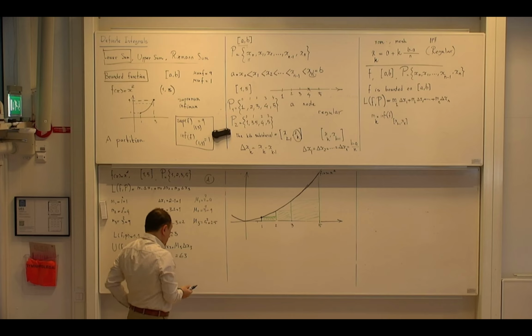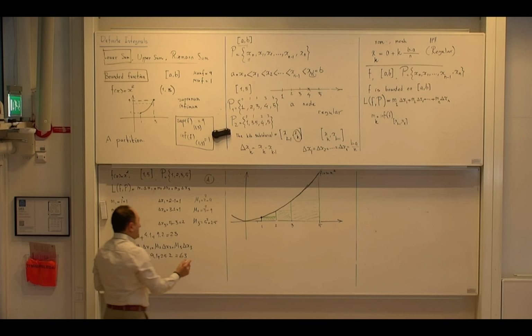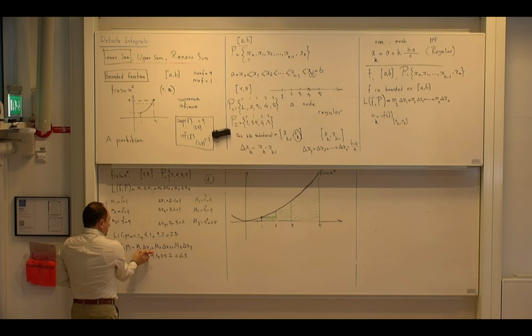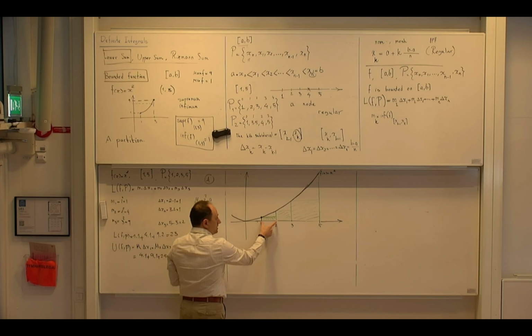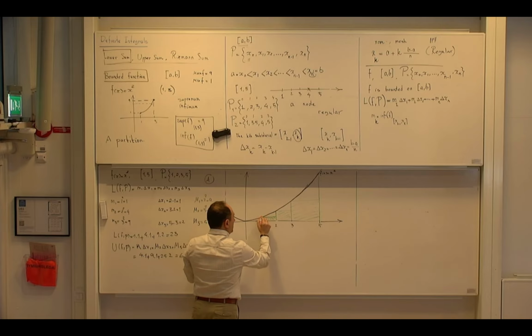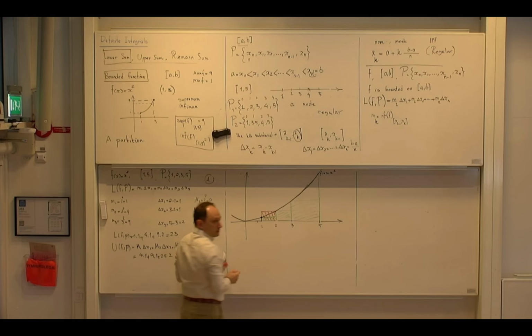Let me change my color. So let us draw something. What is the geometrical interpretation of the first number? 4 times 1. It means I am on the first interval. This is 1, this is 4. When I multiply them, actually I am making this rectangle. Yes?